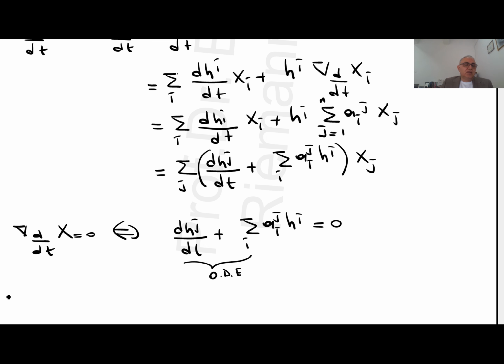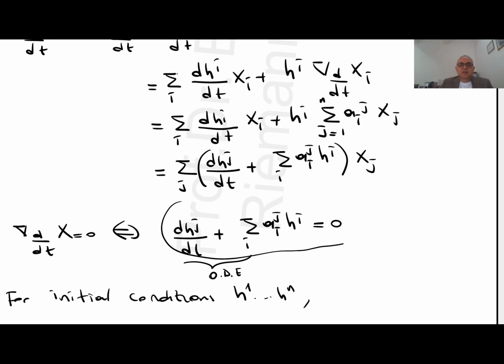So for initial conditions, let's say h1 to hn, this system has a unique solution.